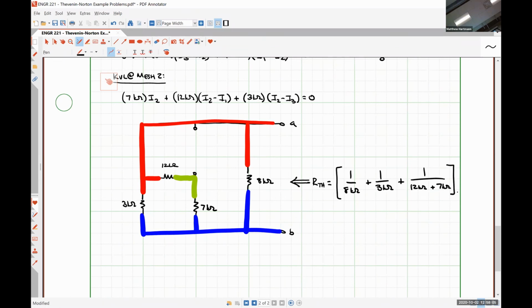Can everybody understand how I came to that, right? So between A and B, or between red and blue, I have the 8K and the 3K, and then also the 12 in series with 7.